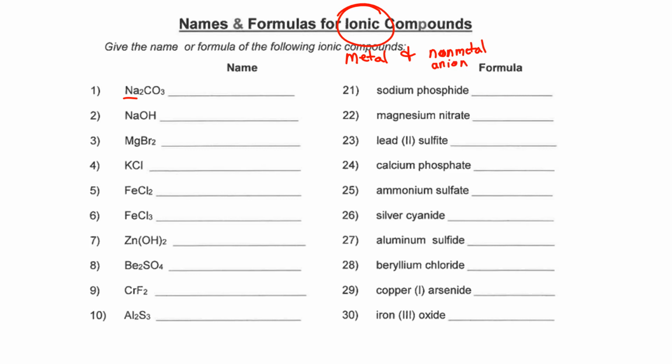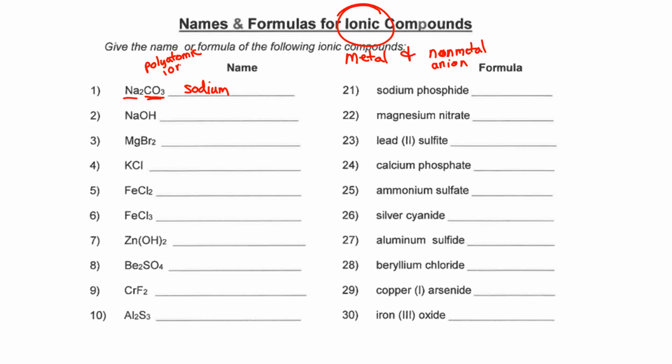All right. So I look up Na. I figure out that Na is sodium. Now, I have this other thing combined to it that is not just one element. So if I see that there's 3 or more elements in the compound, I know that this part has to be a polyatomic ion.